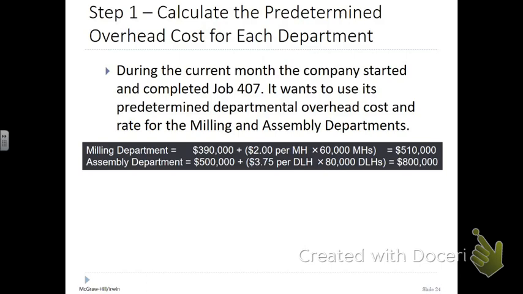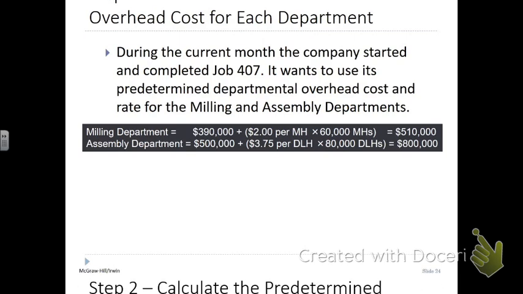Then they added the variable overhead costs, the $2 per machine hour and the 375 per direct labor hour. And that's going to provide them with the total costs for next year.